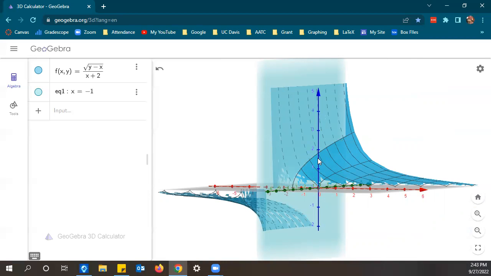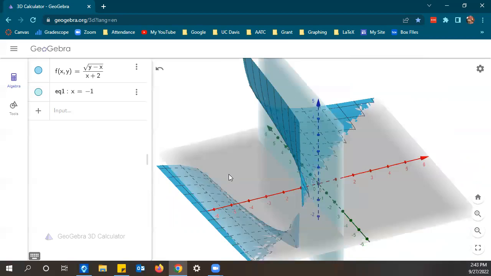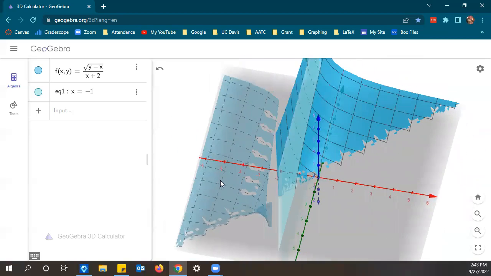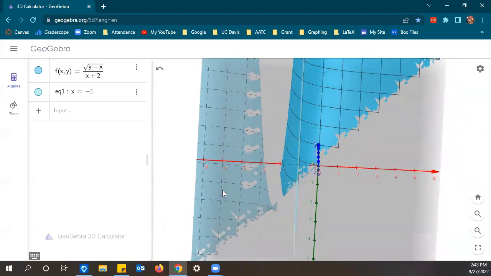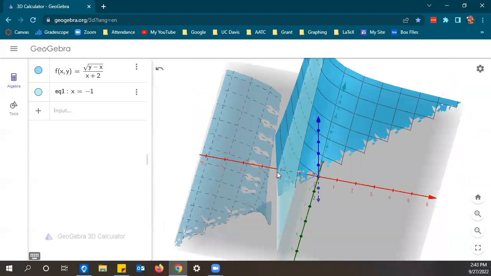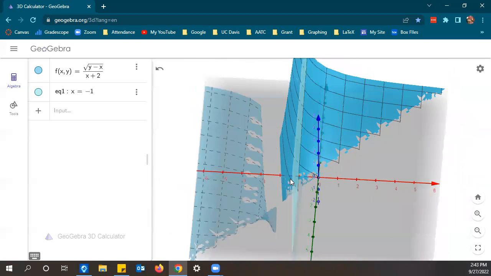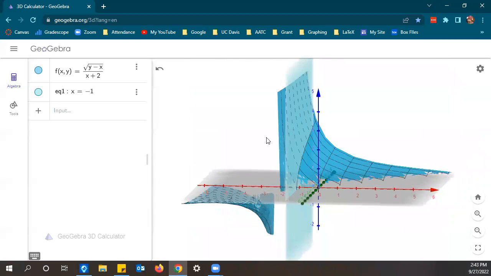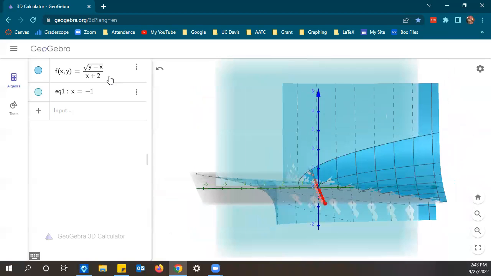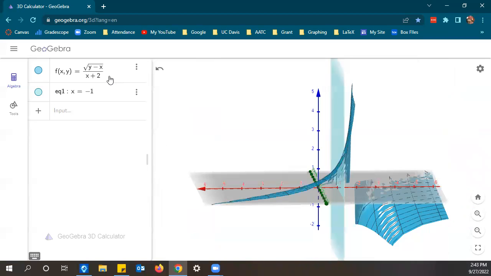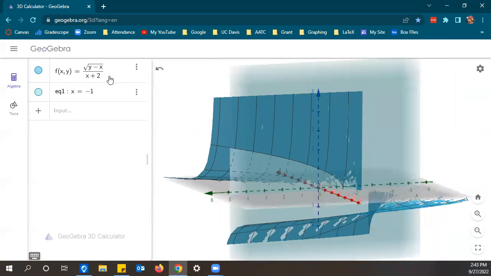Looking from the top down, here's my x-axis, there's my y-axis. If I let the y values get bigger and bigger along the line x equals -1, I get increasing values. On the other hand, if I scooch over past this vertical asymptote of x equals -2, that's kind of neat.